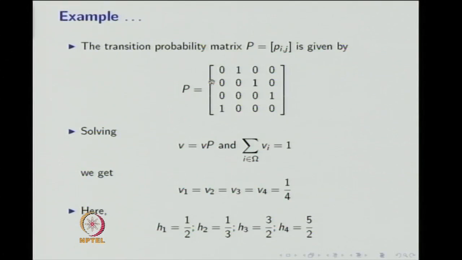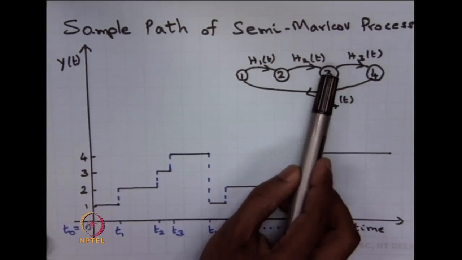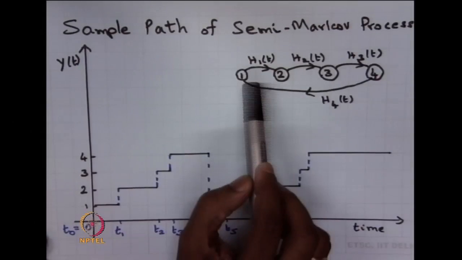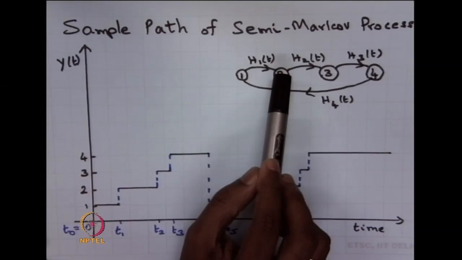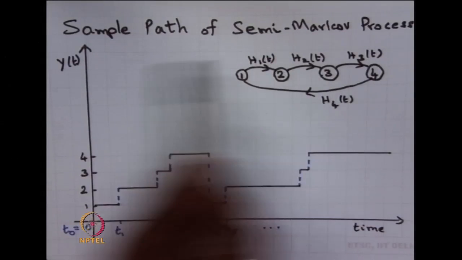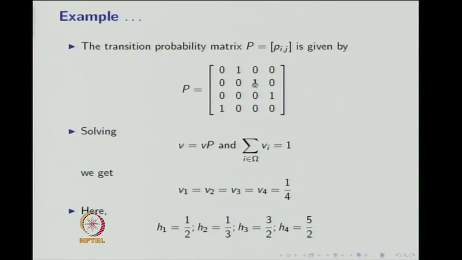Similarly, the system moves from state 2 to 3 with probability 1 and all other moving probabilities are 0. Therefore, the transition probabilities from state 2 to 1 and 2 to 4 are 0, whereas 2 to 3 is 1. Similarly, 3 to 4 is 1 and all other transition probabilities are zeros. Then the system moving from state 4 to 1 is 1 and all other probabilities are 0.